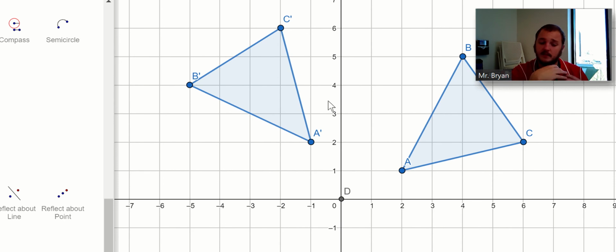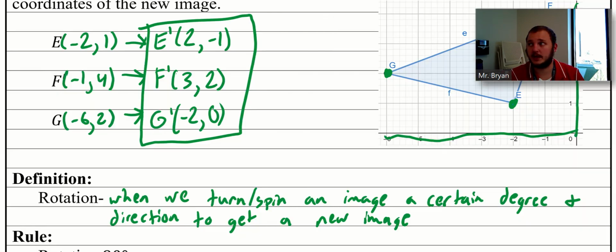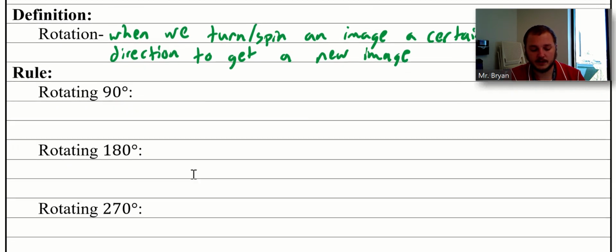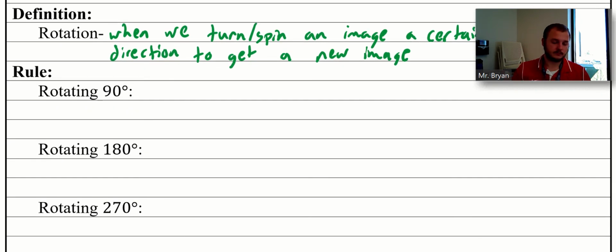So we could investigate and see how this is going to change our points and try to do this by hand. But like I said, that's why we have these rules to help us see where those points are going to end up if we are not trying to use a computer program to do this. So like I said, we have 3 different ways of rotating. For rotating 90 degrees, the rule is this.